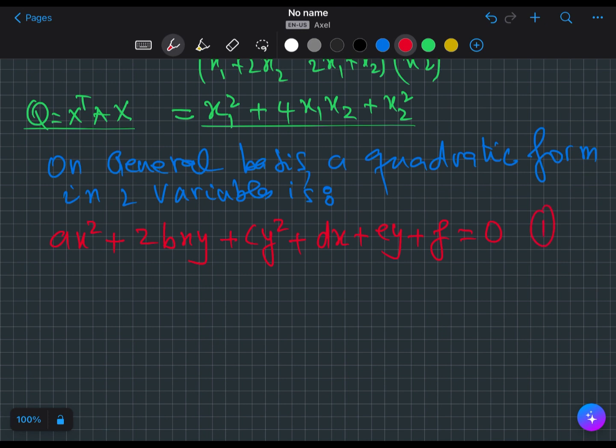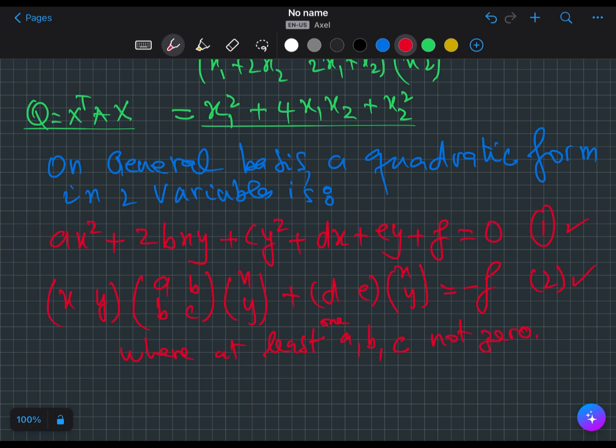This equation 1 can be written in matrix form as (x, y) times the matrix a, b, b, c times (x, y) plus (d, e) times (x, y) equals minus f, and we call this equation 2. So this is a quadratic equation, and this is the matrix form of the same quadratic, where at least one of the coefficients a, b, c is not 0.